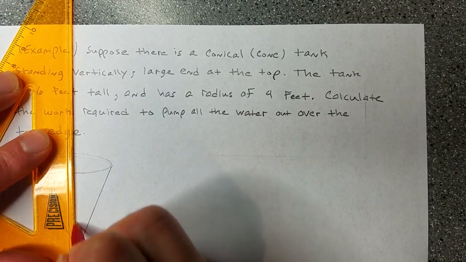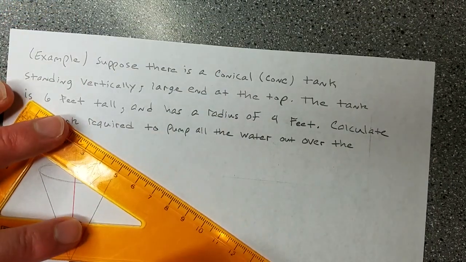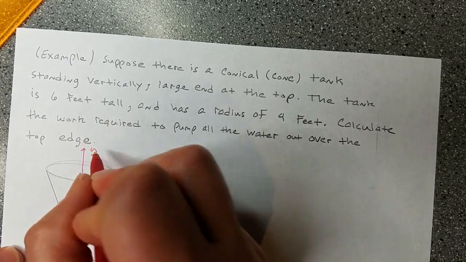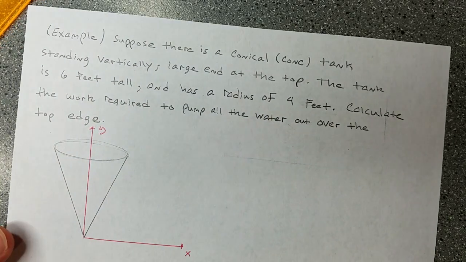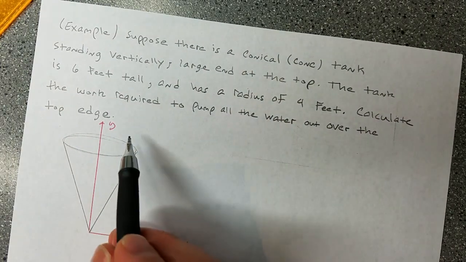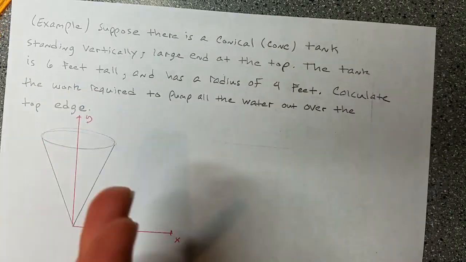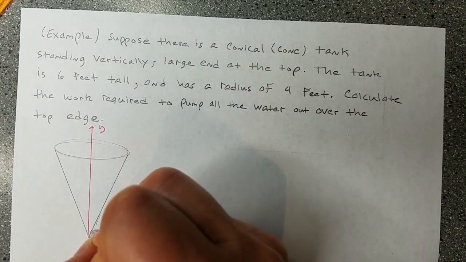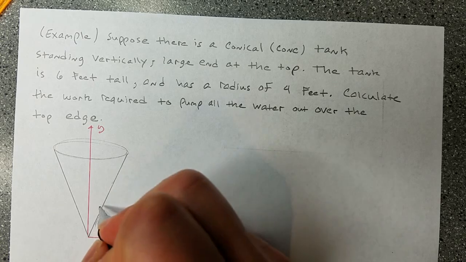I'll impose the y-axis on it again, and the x-axis, so here's x, here's y. If you could imagine that this is a 3D object, but as I put the xy plane on there, this is a line that makes the contour of the cone.